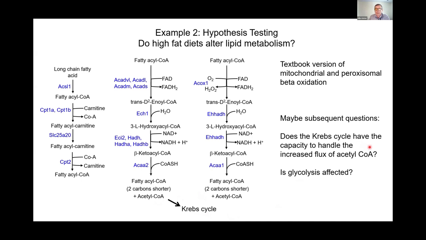Does the Krebs cycle capacity increase to handle the flux of acetyl-CoA? And this is all about lipid processing. Would glycolysis be affected? So again, the idea of developing a list based on questions to test a specific hypothesis based on our knowledge of our biological system.